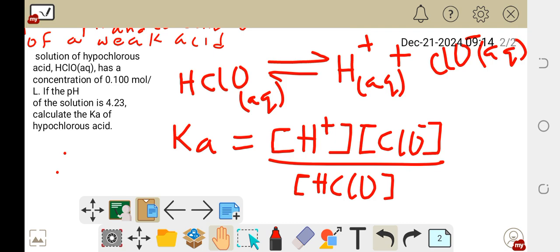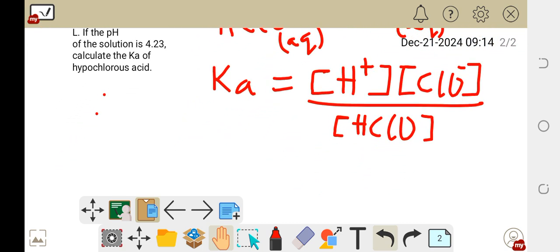So we are given the pH of the hypochlorous acid as 4.23.